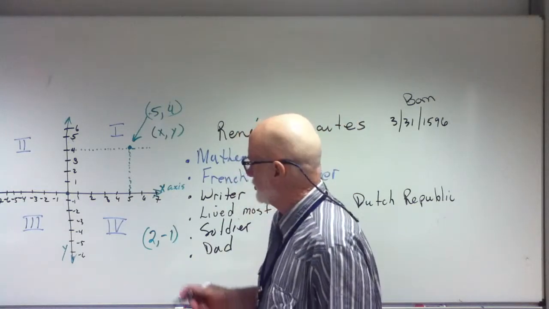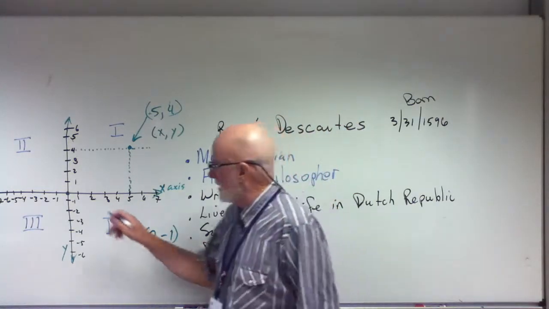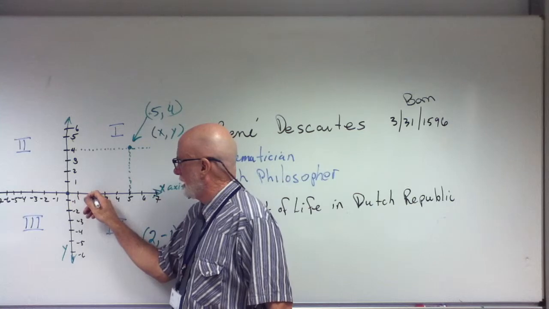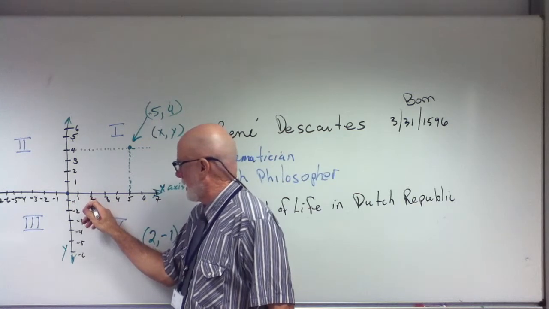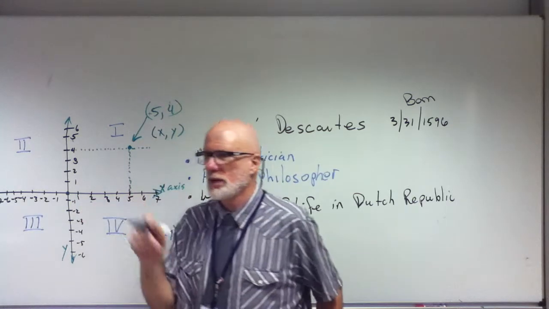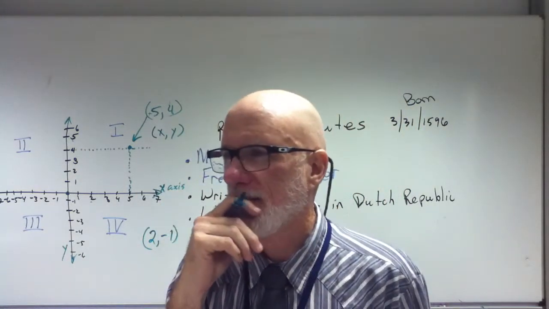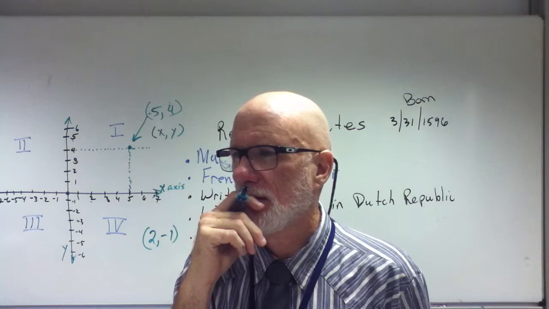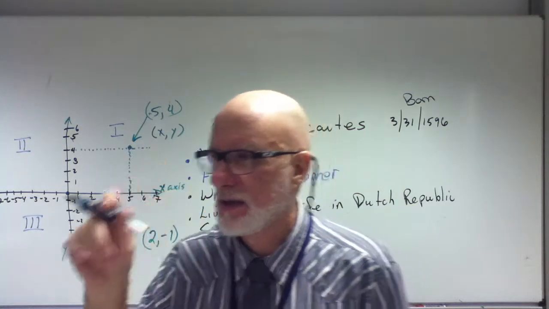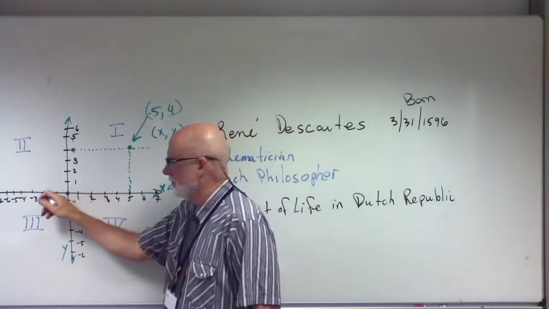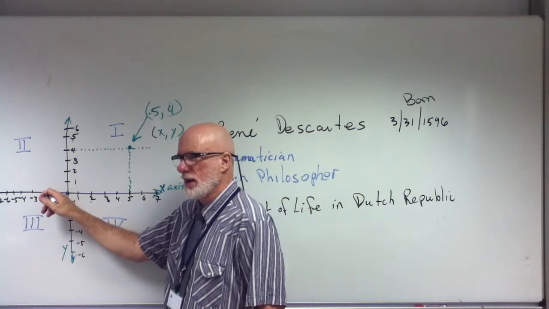We have a challenge. UAE says you go over 2 and then you go down 1. Right? All right. What does Verona say? Over 2, but in the x-axis. Here? Yeah. You're going over 2 this way?